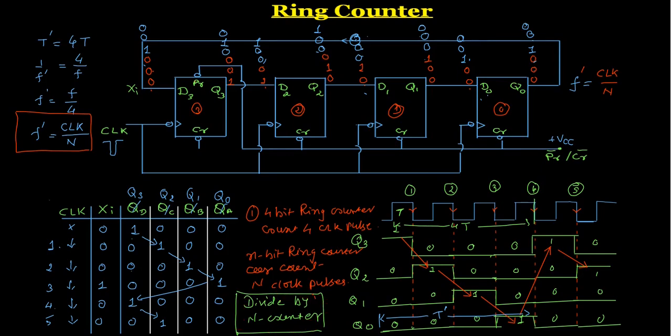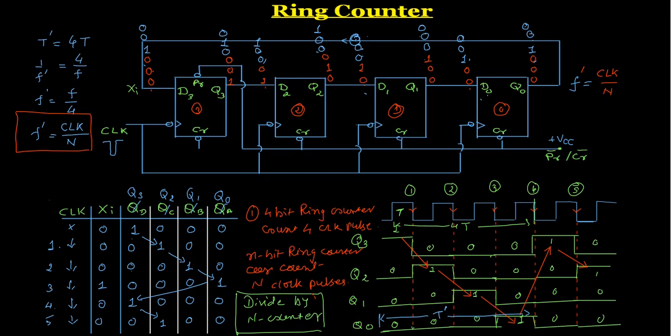So a ring counter is nothing but a divide by n counter. You have to remember that if we have a 4-bit ring counter, it can count 4 clock pulses. If we have an n-bit ring counter, it can count n clock pulses.